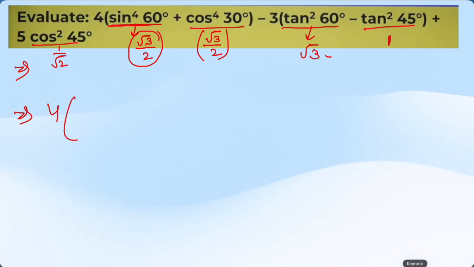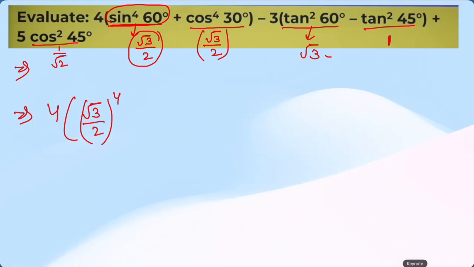4 times sine^4 60 degree. So root 3 by 2 to the power 4. Because sine 60 is root 3 by 2. And I am taking the fourth power of it. So root 3 by 2 to the power 4.